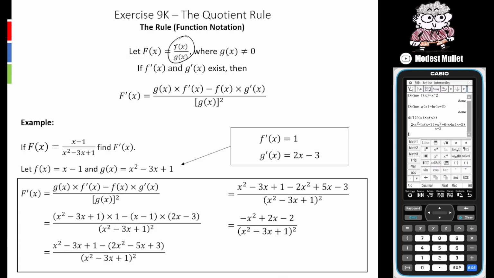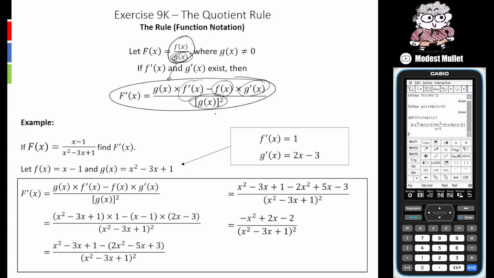Quotient means division. So when we have the division of two functions, this is the derivative. We take the denominator times the derivative of the numerator, subtracting the numerator times the derivative of the denominator, all divided by the denominator squared.